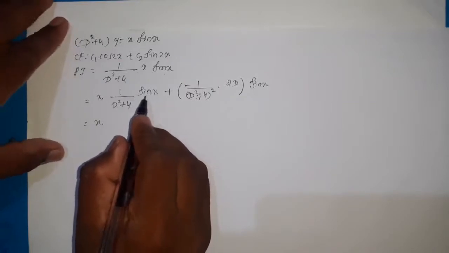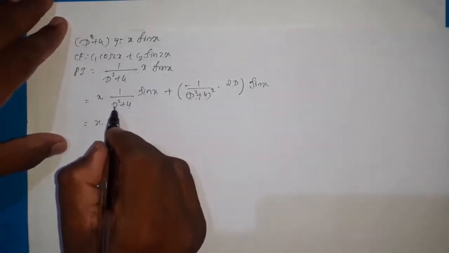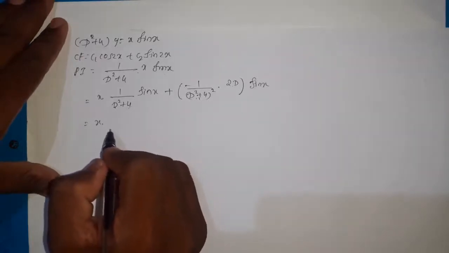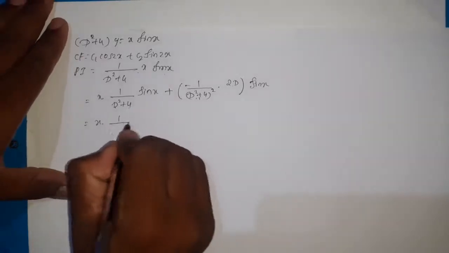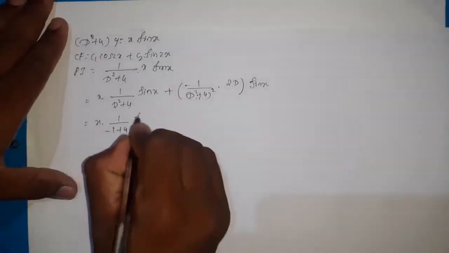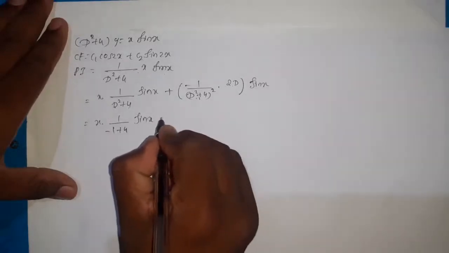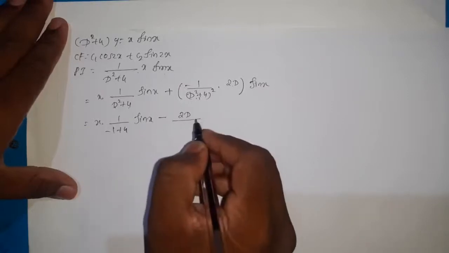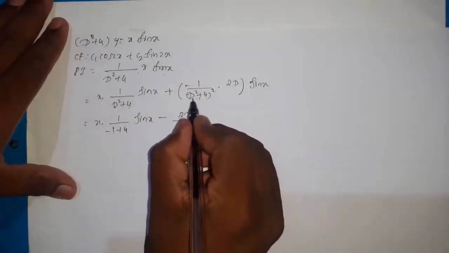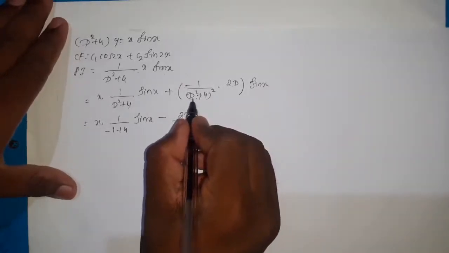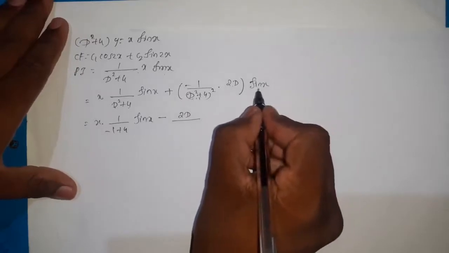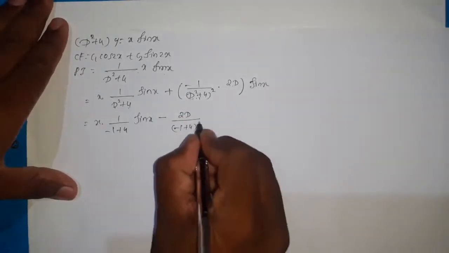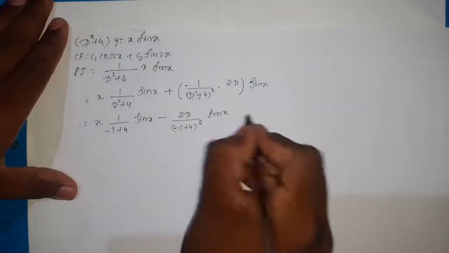Then here x into, now it is 1 by f of d into sin ax. In case of this, we need to substitute d square equal to minus a square and minus a square equal to minus 1 here. So therefore minus 1 plus 4 sin x. Here it is minus 2d divided by, here also d square equal to minus 1 because it is sin x only. So d square is minus 1 plus 4 whole square sin x.